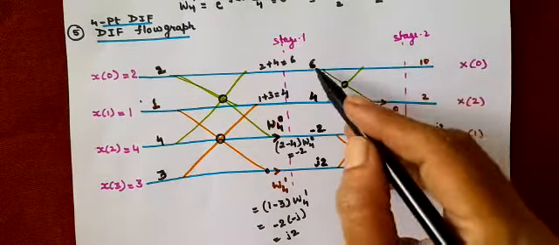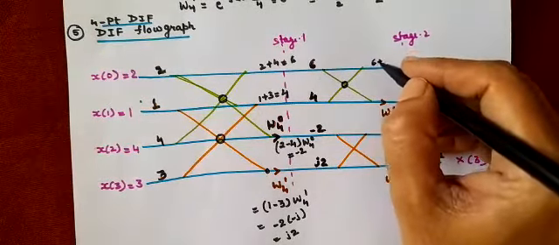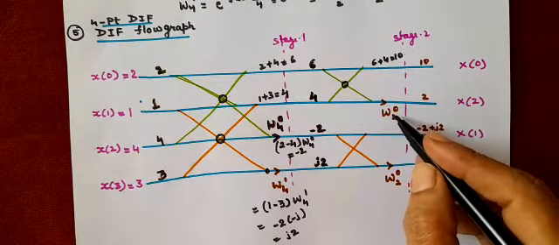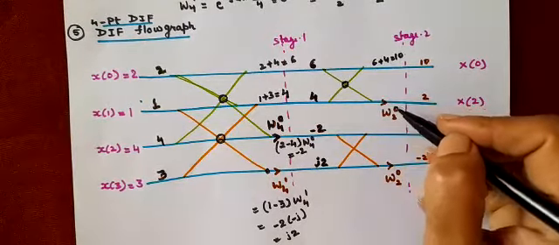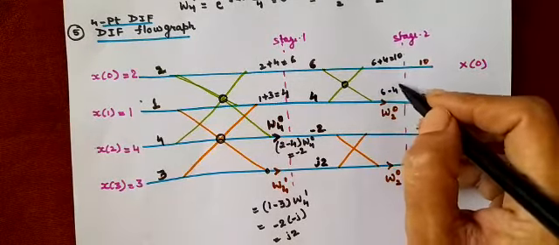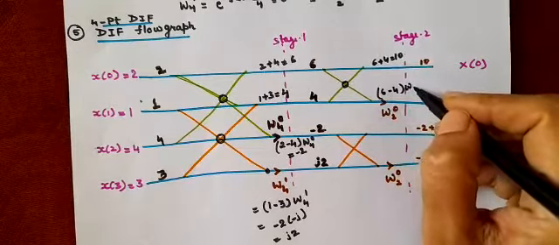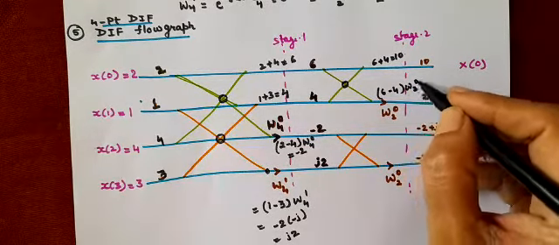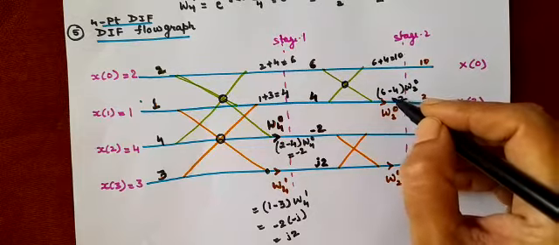A plus B, that is 6 plus 4, which is equal to 10. What is the output equation of the second line? A minus B, whole multiplied by Wn to the power k. 6 minus 4, whole multiplied by W2 to the power 0. 6 minus 4 is 2 and this value is 1. So it will come as 2.